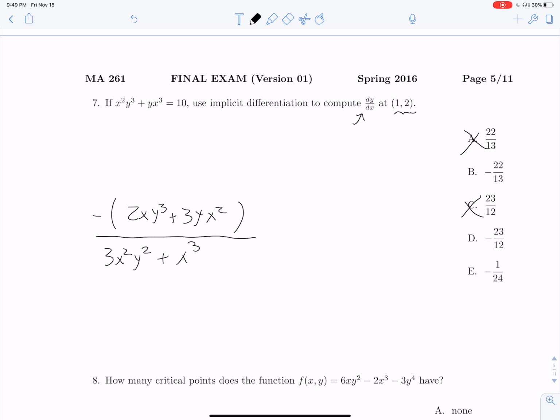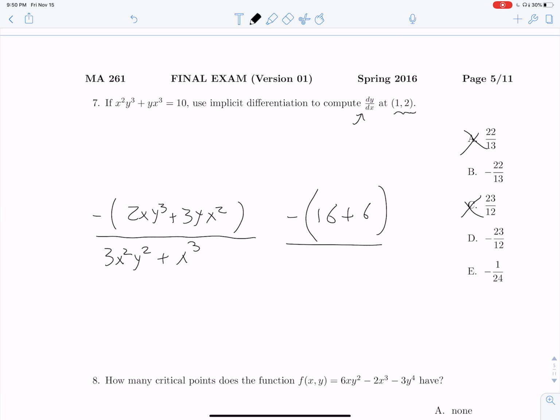So plugging in 1, 2, we will get negative 16 plus 6 over 12.